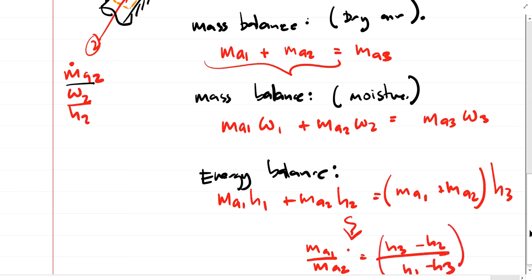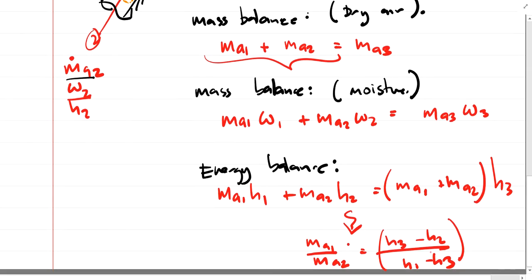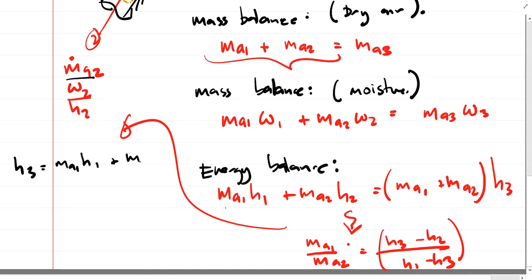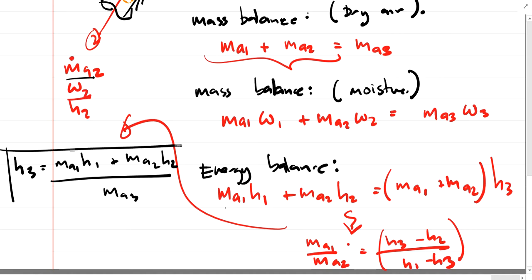If it's with regard to the moisture content, then instead of H we use W. However, I'd like to express this in terms of this expression, which I think we'll be using directly. From this, H3 is equal to MA1 H1 plus MA2 H2 all over MA3.